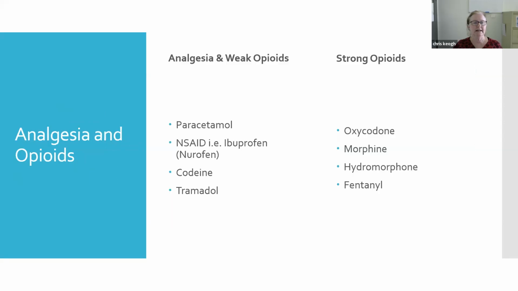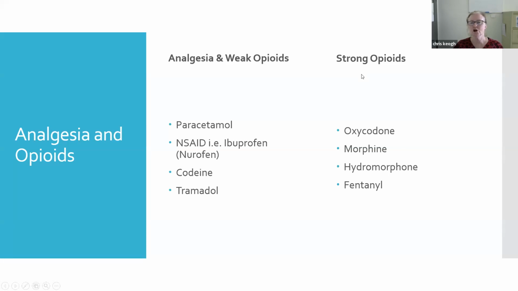So if we look at our analgesics and opioids, I've just broken them down into the analgesics and weak opioids, so paracetamol, non-steroidal anti-inflammatory drugs such as ibuprofen, so the Nurofen, codeine, and tramadol. They're analgesics or weaker opioids.